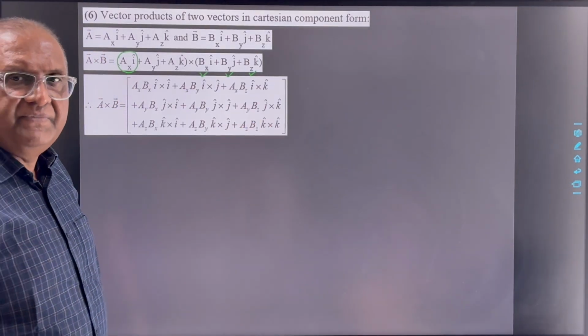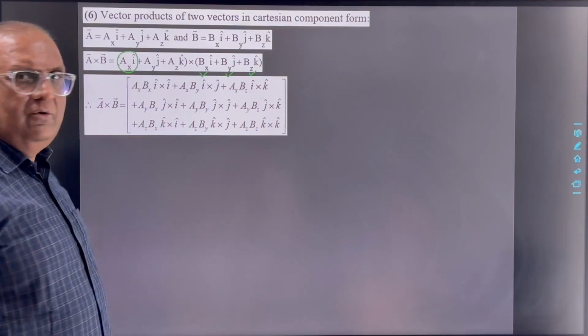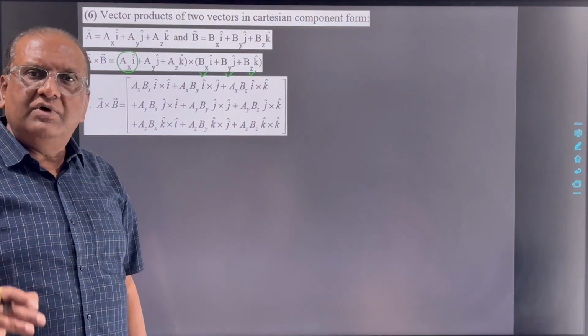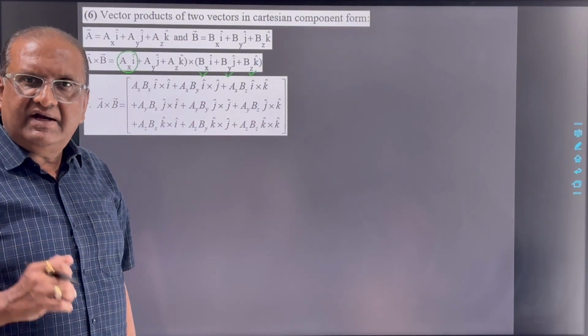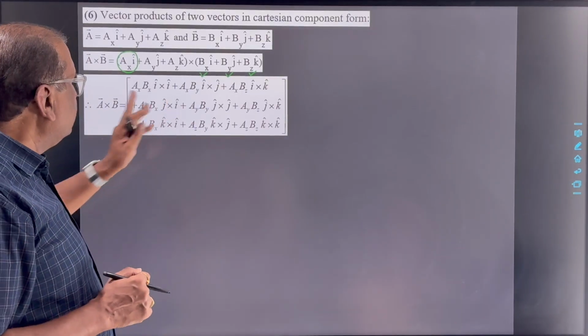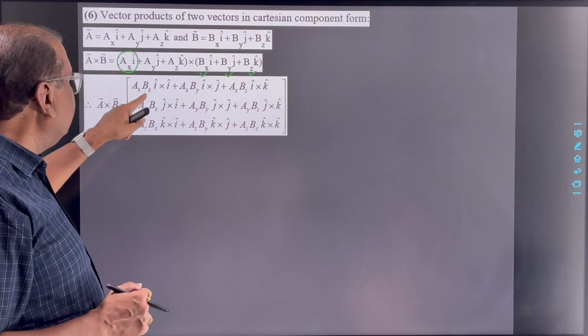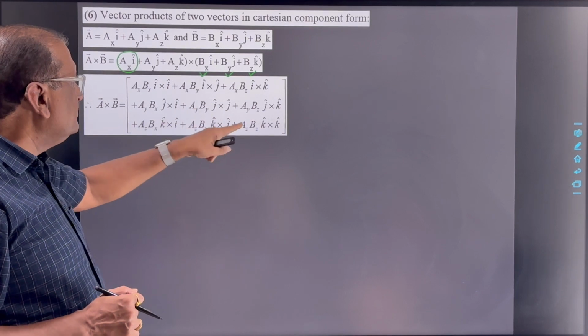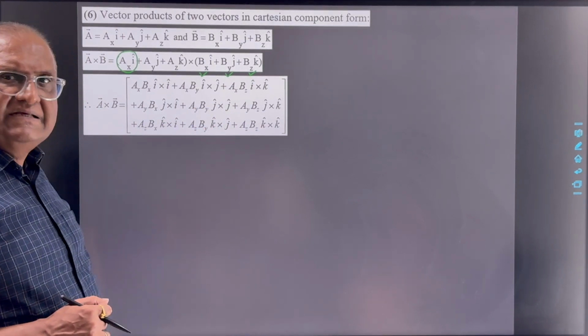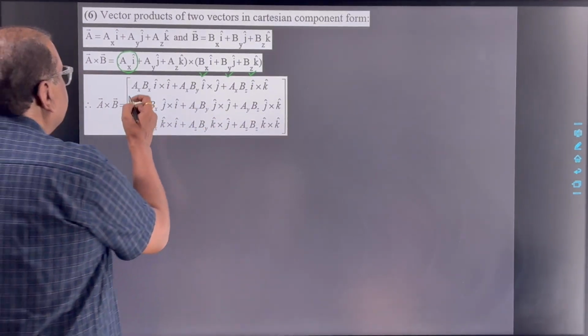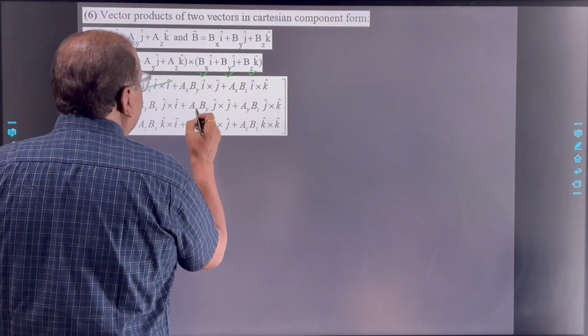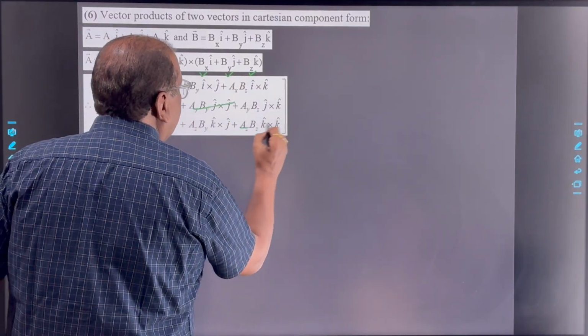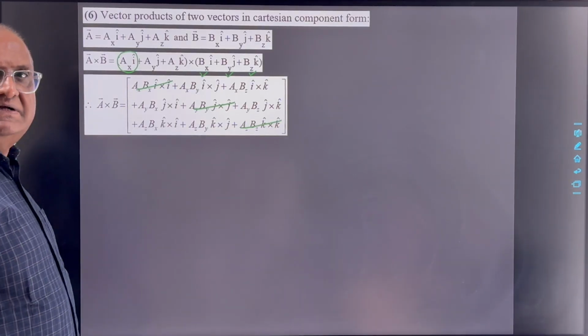Now see, we already discussed the vector product between unit vectors, so substitute those values. We discussed that i cross i, j cross j and k cross k are 0, so this term, this one and this one will be cancelled.